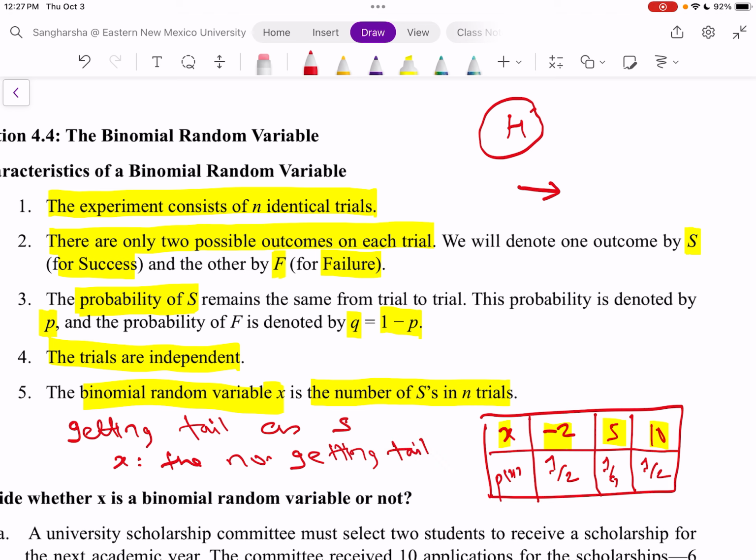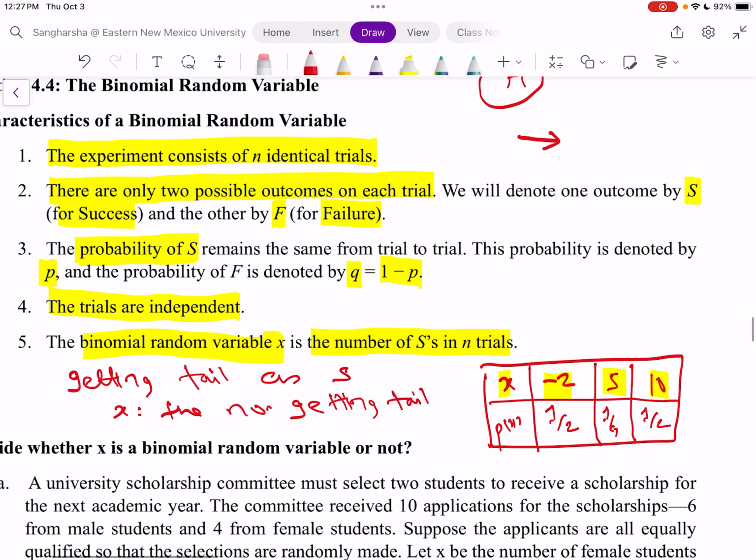So it depends how you define your success, and your X is always the number of successes in n trials. If you call your S observing head, then X is the number of heads observed in the experiment.